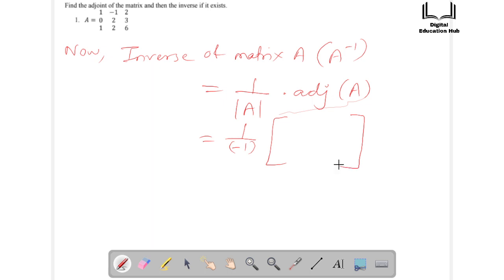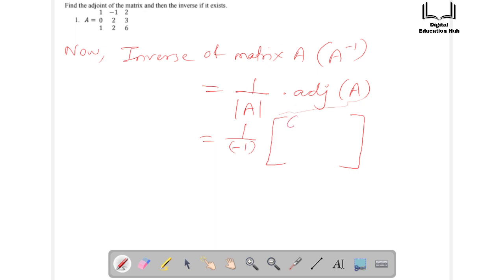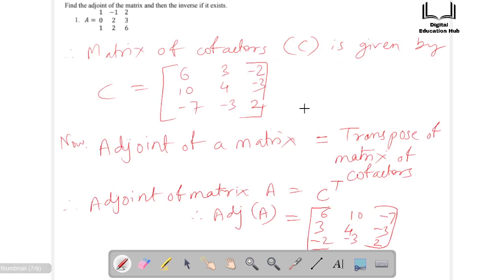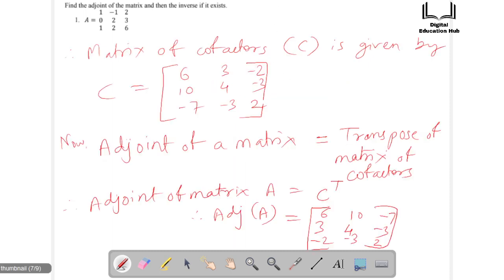Just note down that value: 6, 10, minus 7, 3, 4, minus 3.